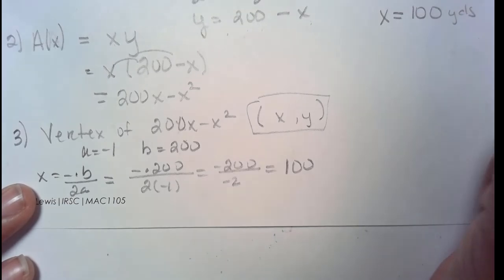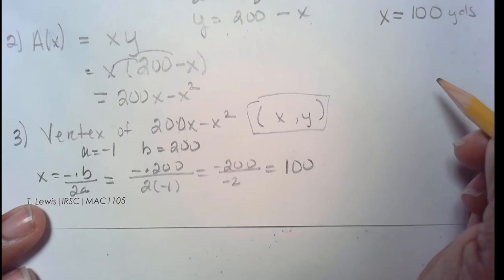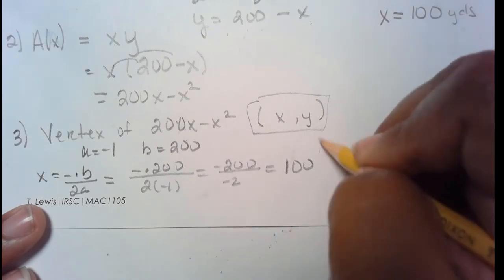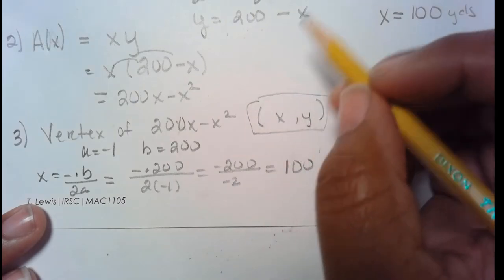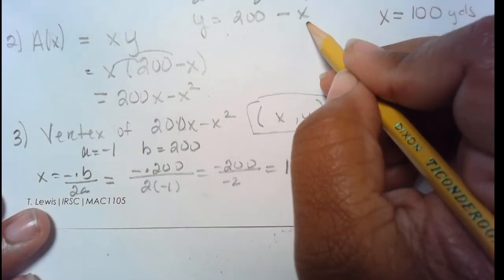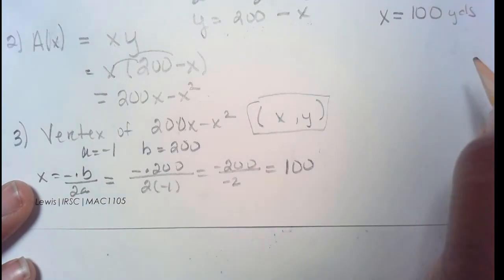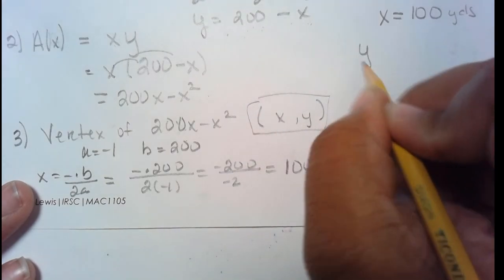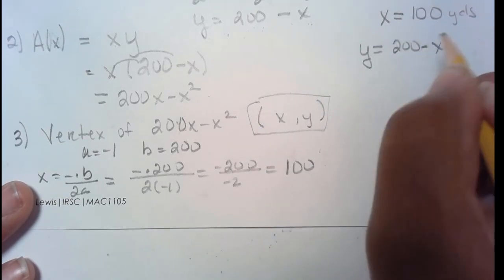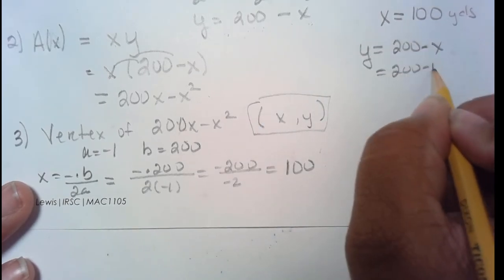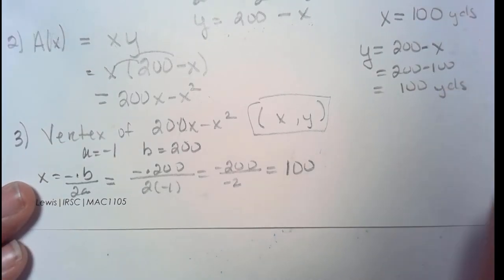Now how are we going to find y? To find y, go back to step 1, where we let y equal 200 minus x. So to find y, we have 200 minus 100. That gives us 100 yards.